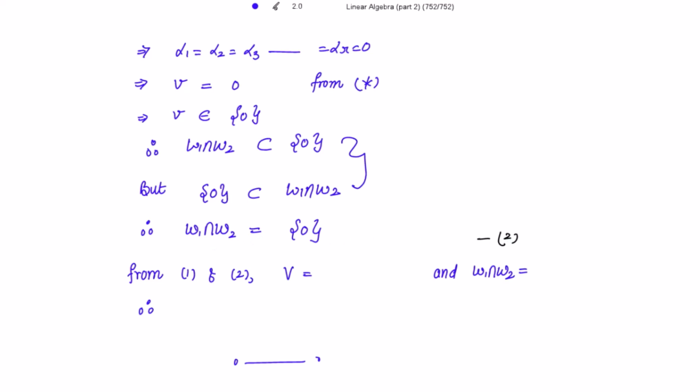Mark this as 2. So from 1 and 2, what is 1? That V is the sum of the subspaces. And what is 2? That their intersection is the 0 element. So both the conditions for the direct sum are now proved. So V is the direct sum of W1 and W2. These are the conditions for the direct sum and we have proved those conditions.